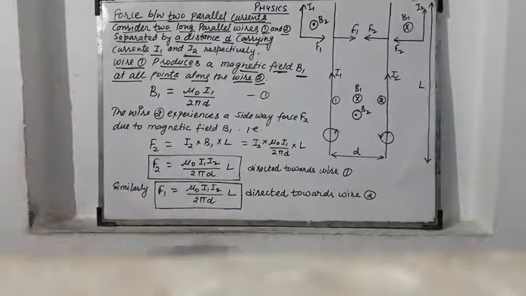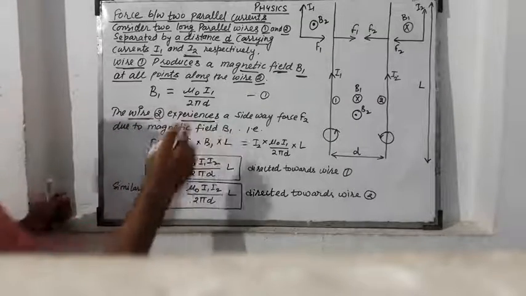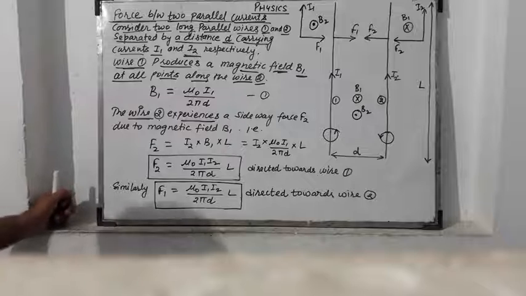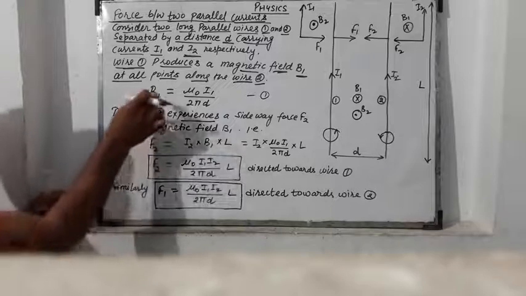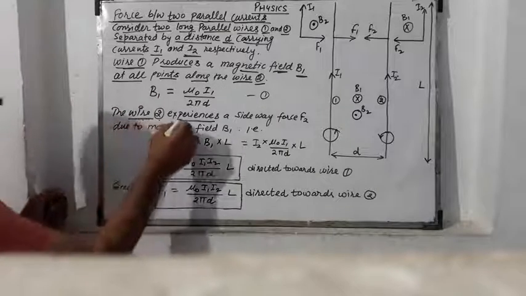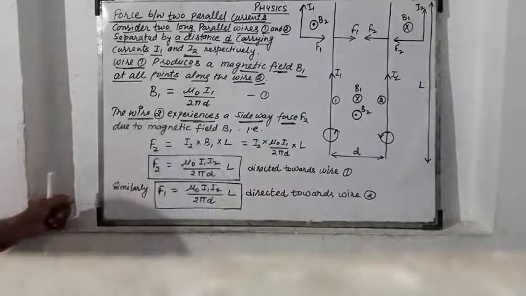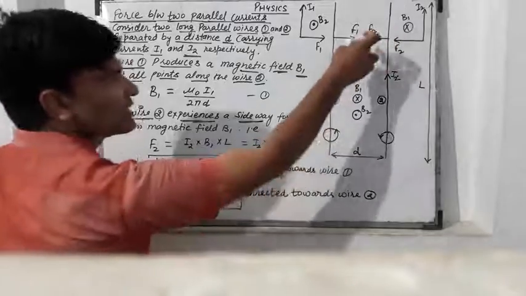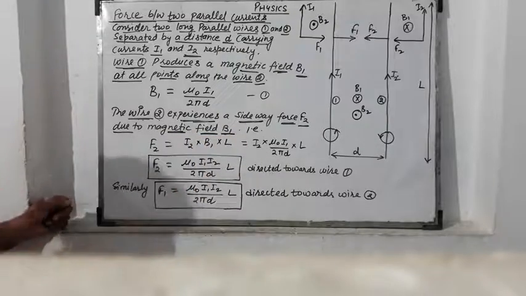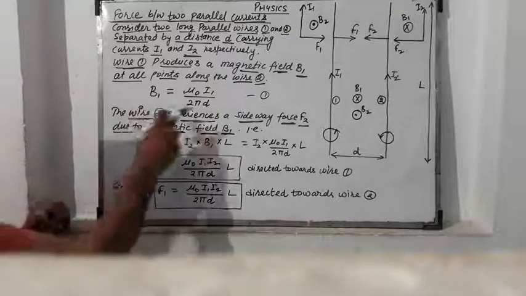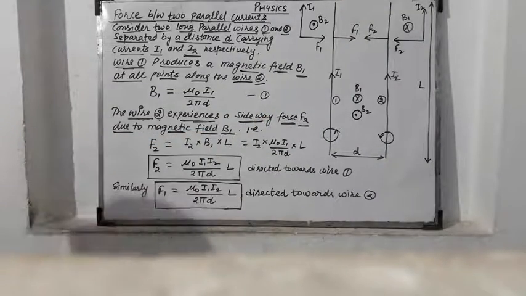Equation number 1. Due to this magnetic field, wire 2 experiences a sideways force F2, due to magnetic field B1.